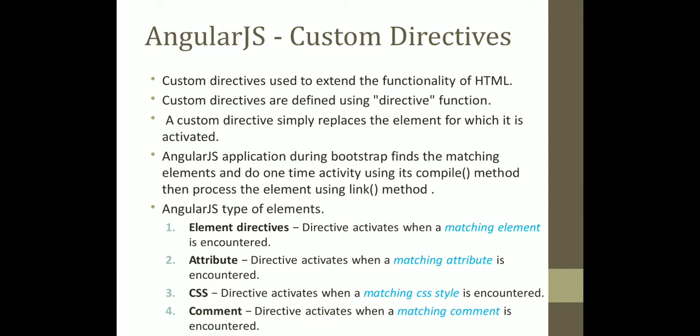Third is CSS. When a matching CSS style is encountered, the directive activates. And fourth, after getting a matching comment, the directive will be activated. So the names are given according to the type of pattern matching encountered.